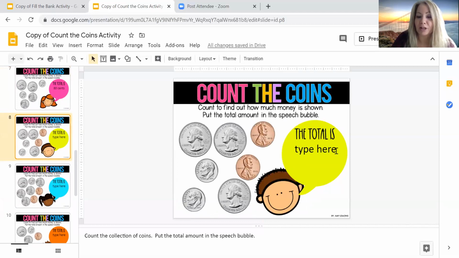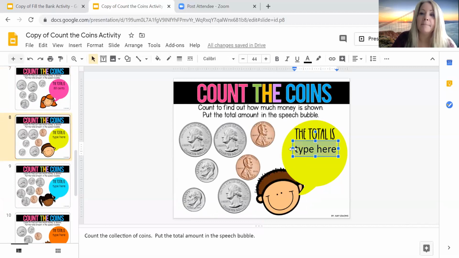Boys and girls, this is what I would like you to do this time. Maybe you could try counting these coins without me, and then we can go over it together. So take a look at the coins on the screen.